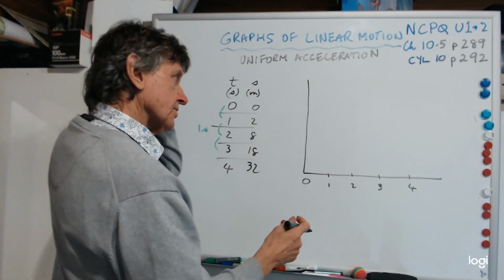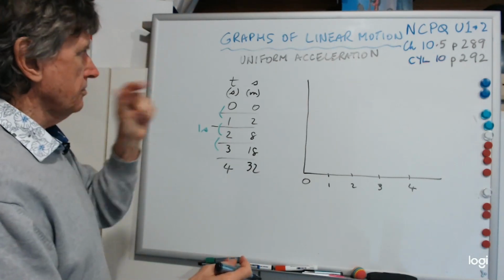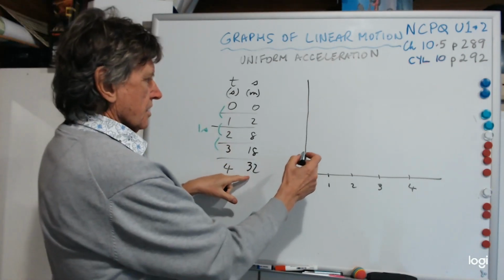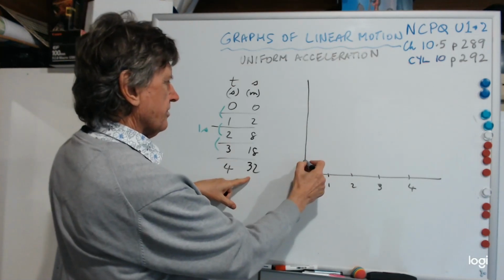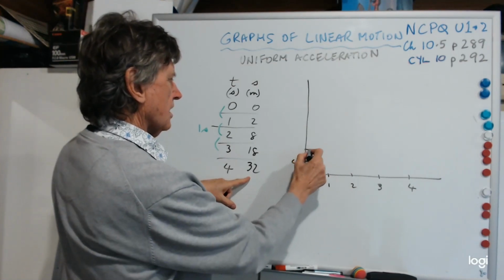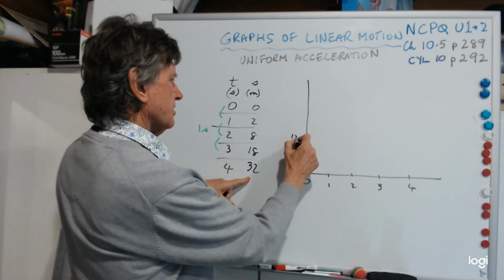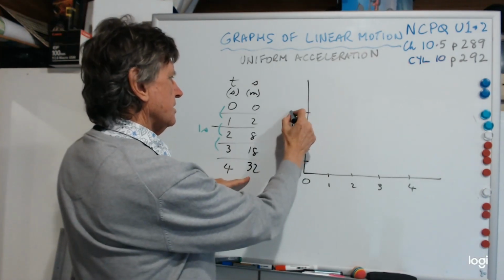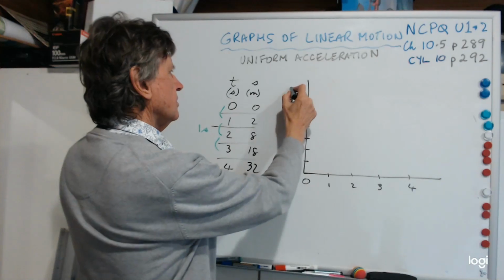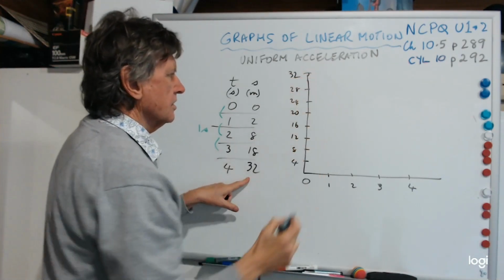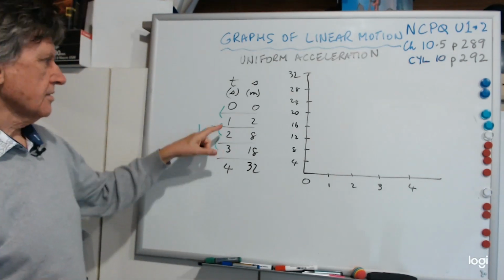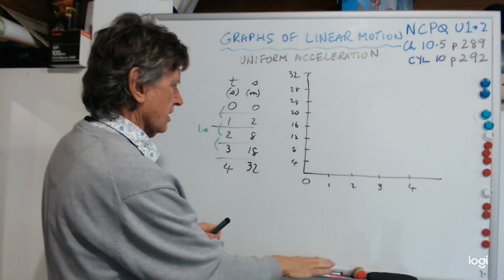And we want to get up to 32 meters. So let's go up in 4s. 4, 8, 12, 16, 20, 24, 28, 32. This should work. Okay, so let's see how we go. I'll just do it in another colour.